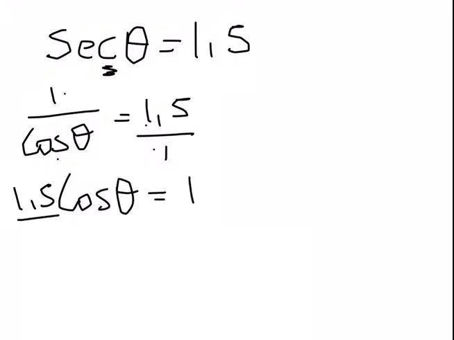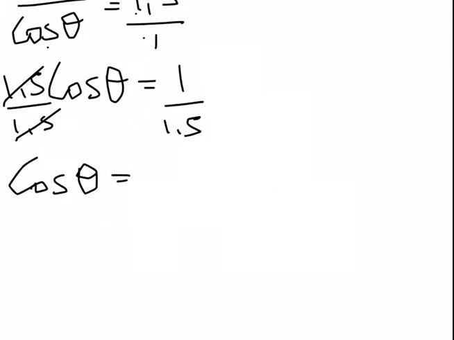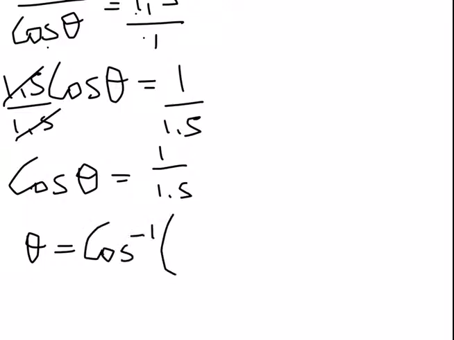Then from there, you will divide both sides by that so that it cancels completely. Then you remain with cos of an angle being equal to 1 over 1,5. Then you can just say angle is equal to the second function of that, or the inverse of that, whichever way you call it.